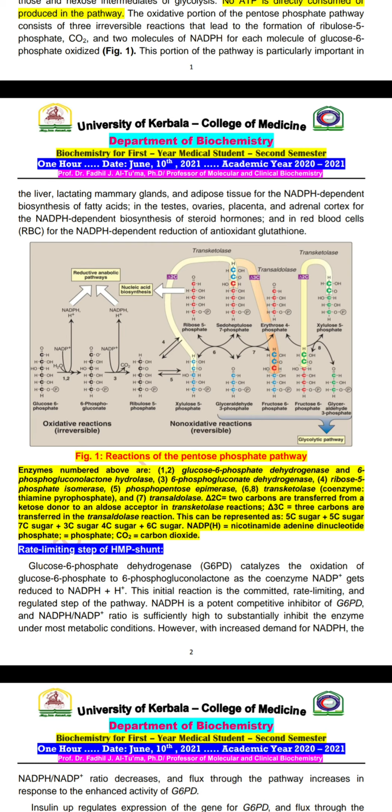That means generation of oxidant biomolecules, including free radicals such as superoxide free radicals or hydroxyl free radicals, and non-free radical molecules such as hydrogen peroxide. These are oxidant molecules. These are produced normally and they must be removed.